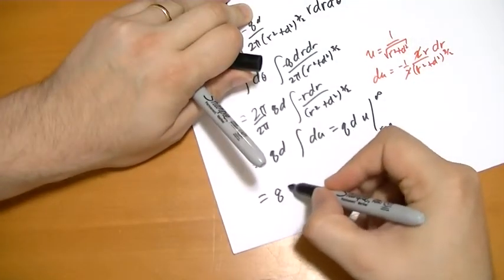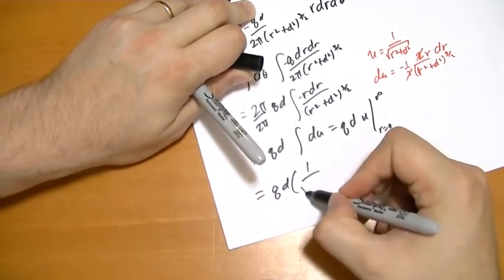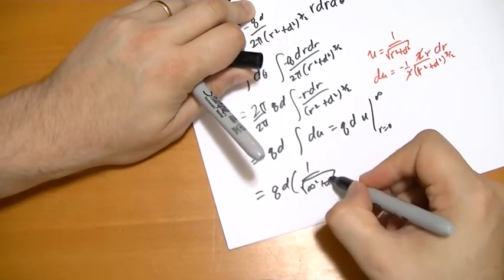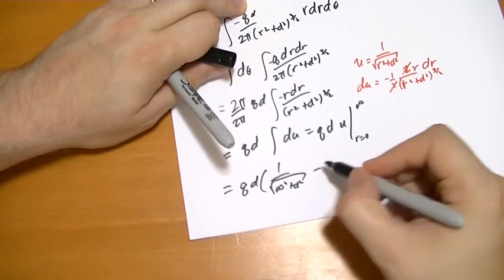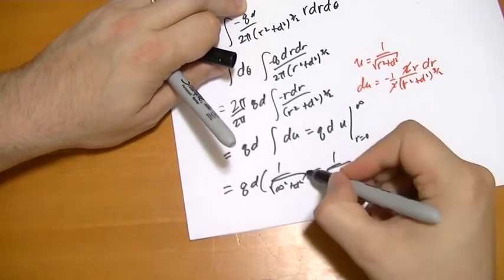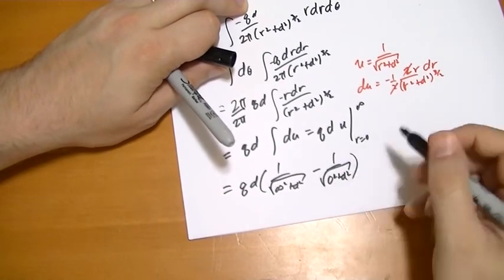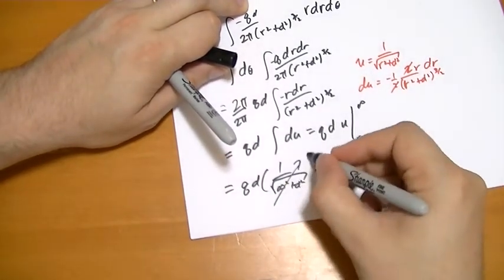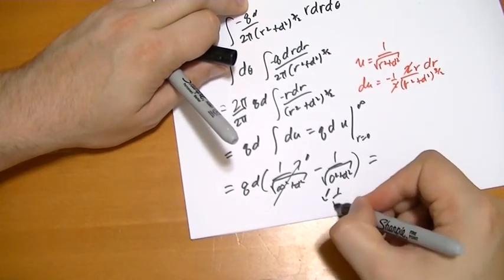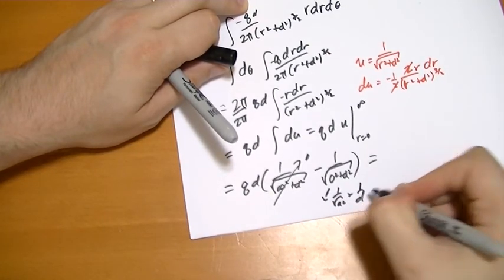So we get QD times 1 over the square root of infinity squared plus d squared, minus 1 over the square root of 0 squared plus d squared. And as you can see, this one's going to go to 0, and this one's going to go to 1 over the square root of d squared, which equals 1 over d.